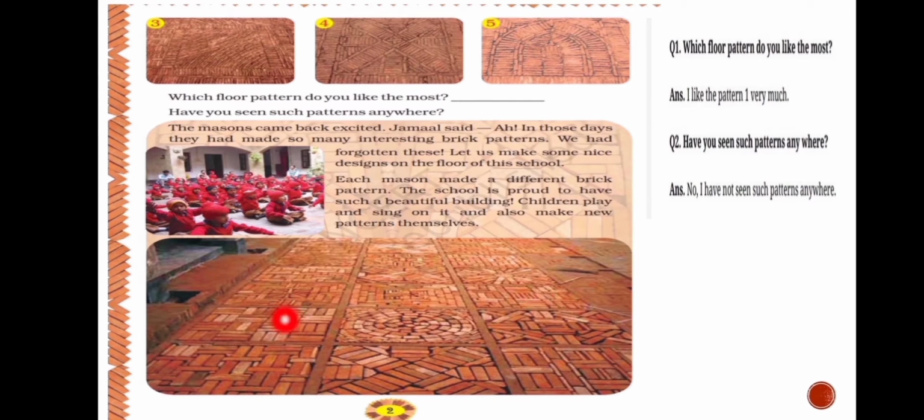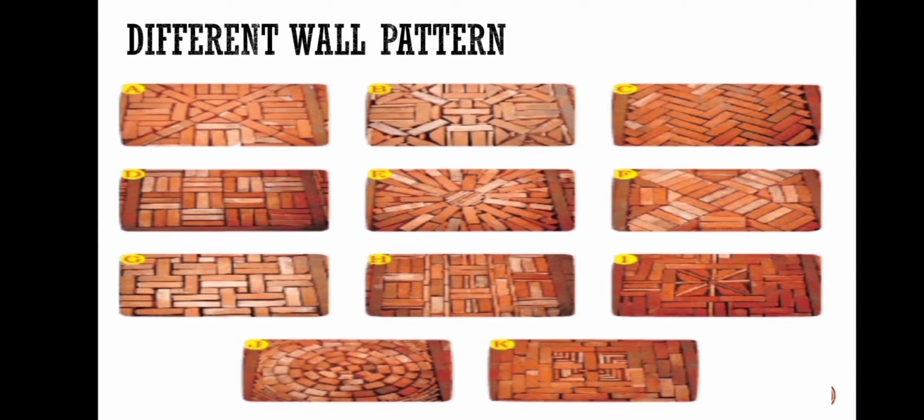Here some different types of patterns are given, so the building becomes so beautiful. Okay, here those patterns are given: A, B, C, D, E, F, G, H, I, J, K.